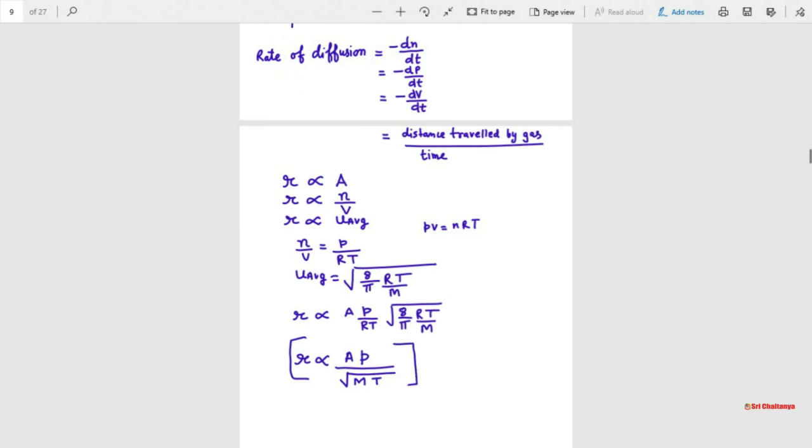Here some students make a mistake and write that rate of diffusion is directly proportional to speed, considering only the speed factor. They are not considering the number of particles per unit volume. So it depends on four factors.